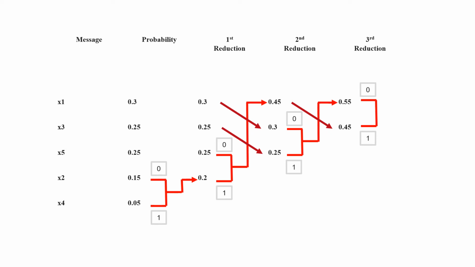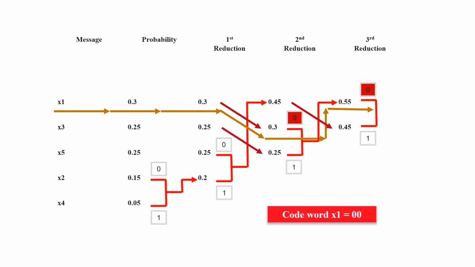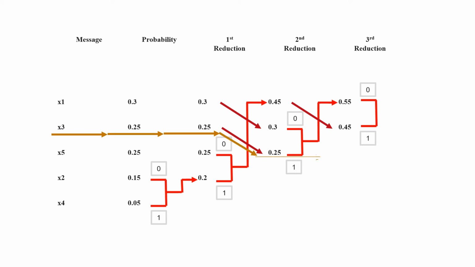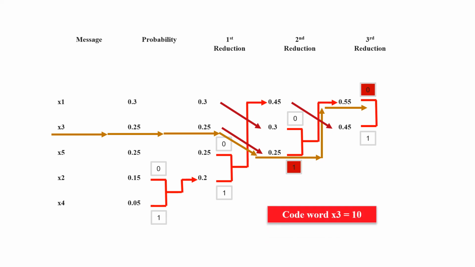Now let us find the code for symbols x1 to x5 respectively. If you see the trace of the code, the code word for x1 is 00. Similarly, we can find the code for x3. If you see the trace, the code word for x3 is 10.